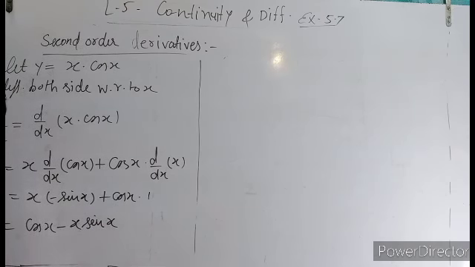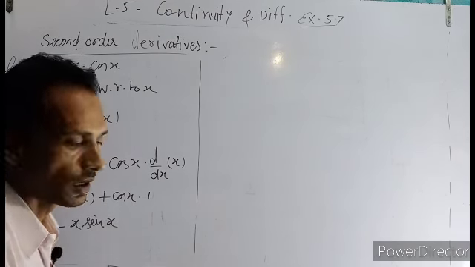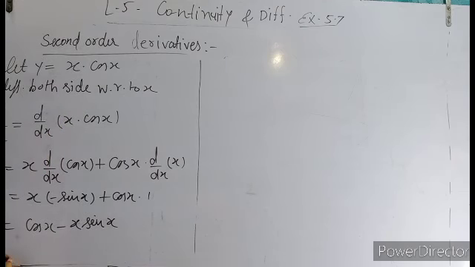Is that clear? Okay, now come to the second. We have to find out the second order derivative. This is the first derivative. Now what can we do? Again differentiate both sides with respect to x for the second order derivative.